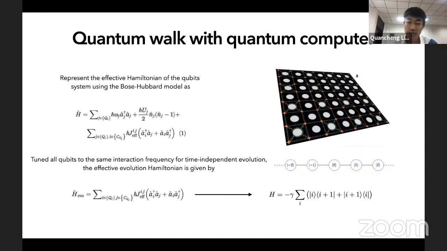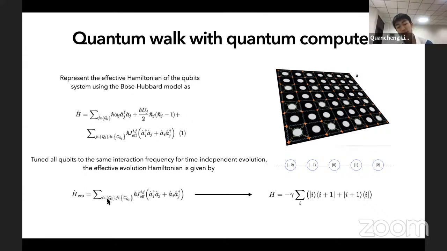And what they do is that they tune the system such that the frequencies of each qubit are equal. So we can effectively neglect this part, and also this part they consider in some limit and neglect. So what we are left with is that the effective evolution Hamiltonian is just this Hamiltonian.